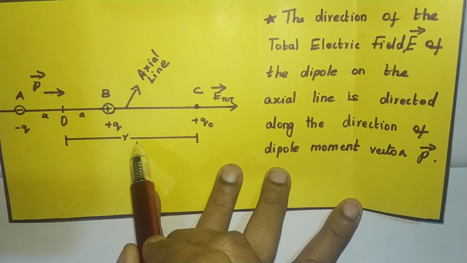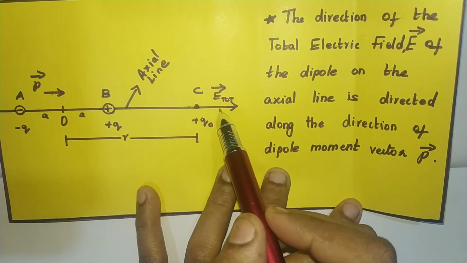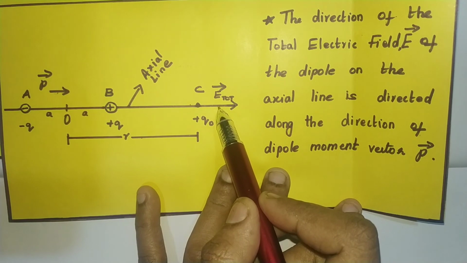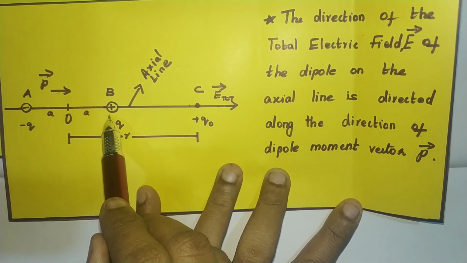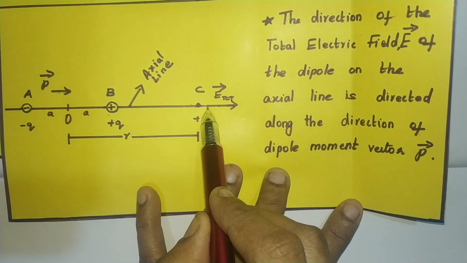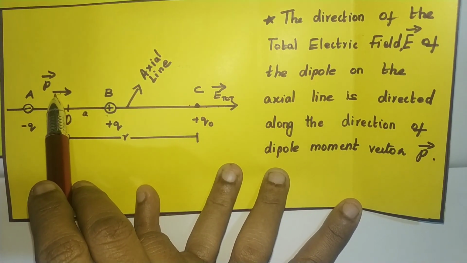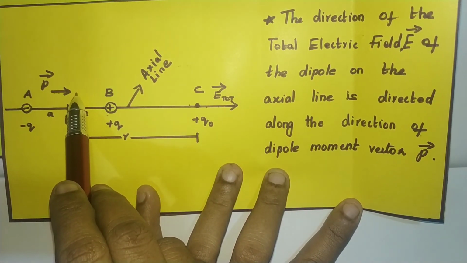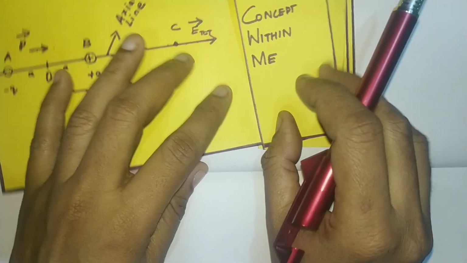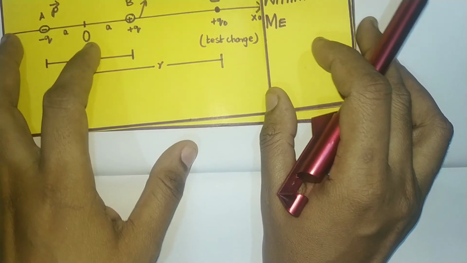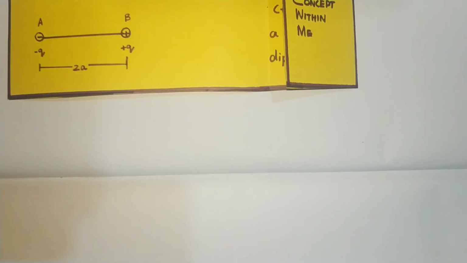This is our concept, isn't it? The direction of the total electric field E vector of the dipole on the axial line is directed along the direction of the dipole moment P vector. Okay students, by this our concept within me session is over.